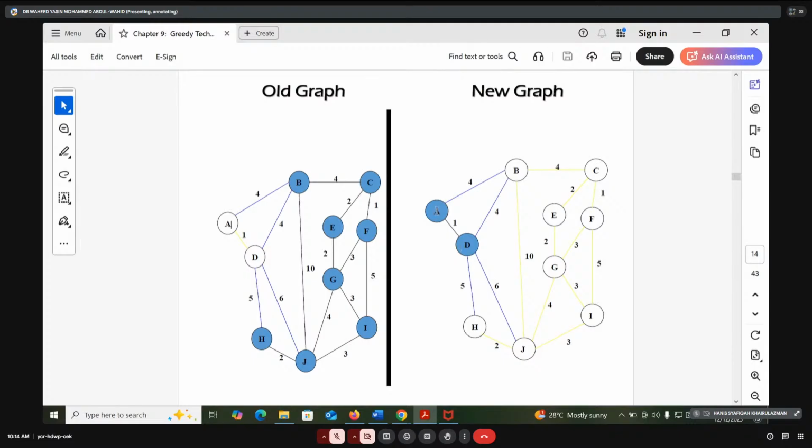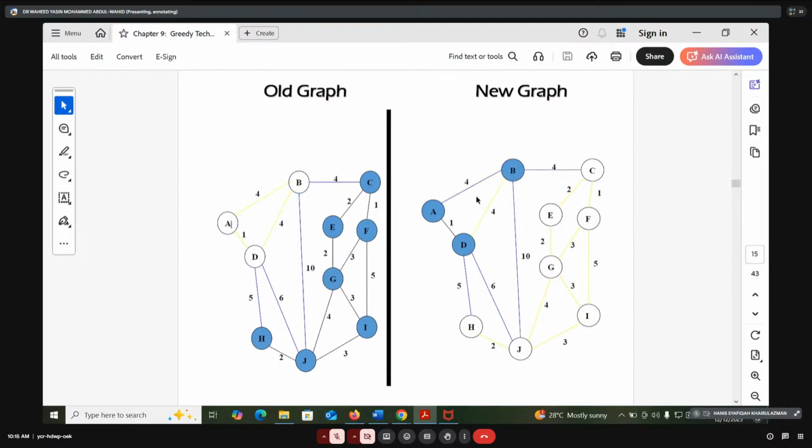What is the line coming from? It is coming here, A4, and here from D 5 and 6 and 4. So I can select DB 4 or AB. Let us select AB. So I selected here AD, AB, and D.